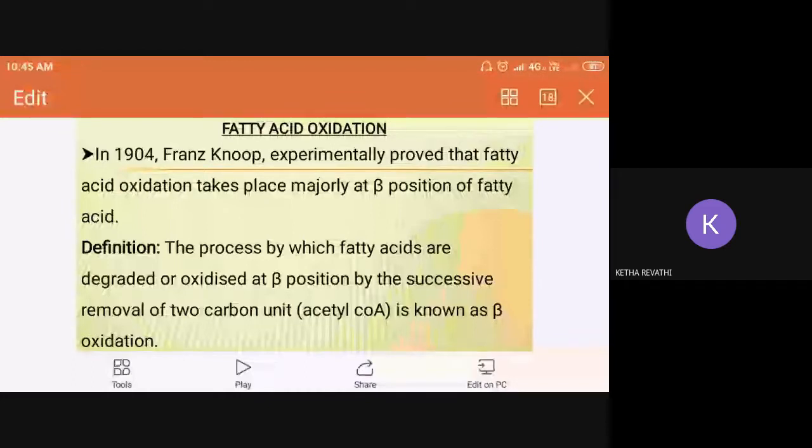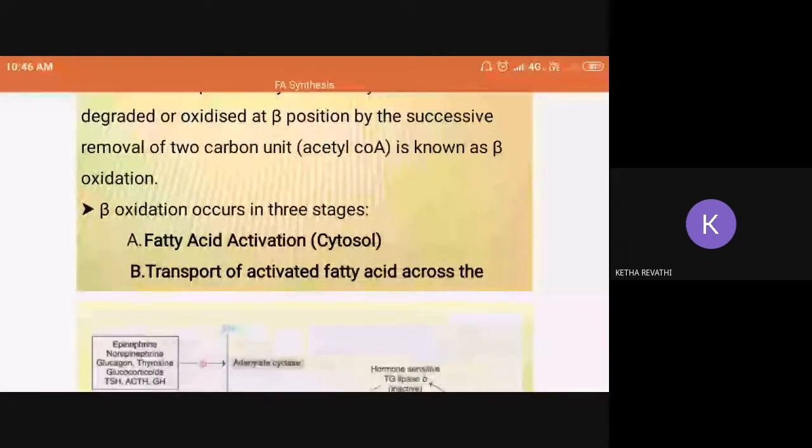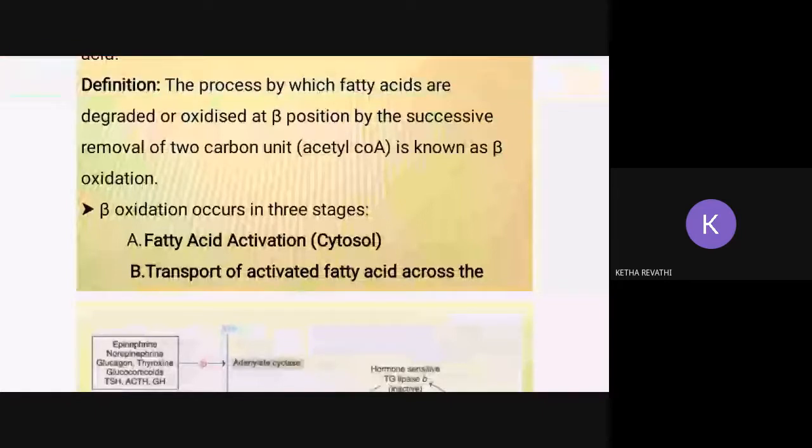In our body, many types of oxidations are there: alpha oxidation, beta, gamma, delta, epsilon. Out of these, beta oxidation is the most predominant process. It was experimentally proved by Franz Knoop in 1904. Beta oxidation has three steps. One is fatty acid activation, which takes place in the cytosol.